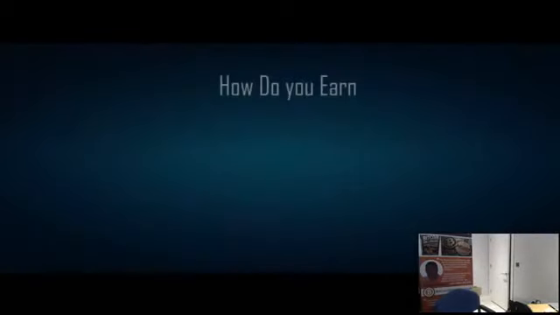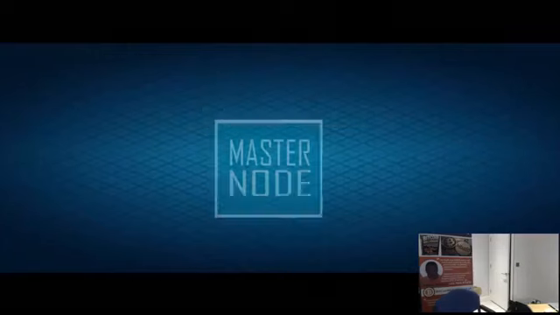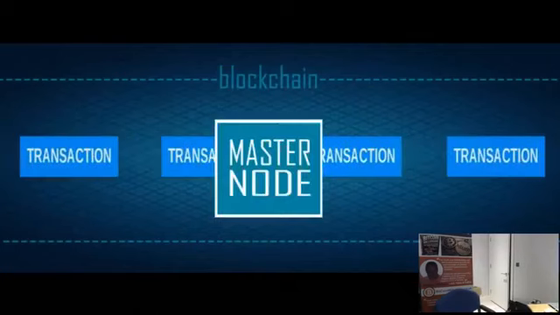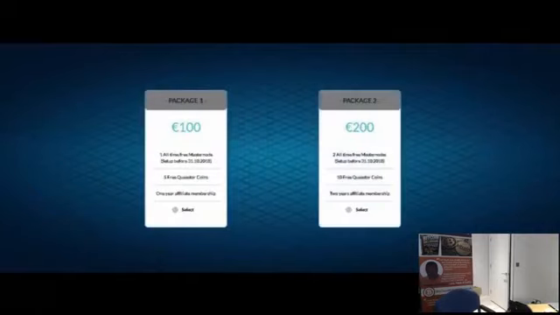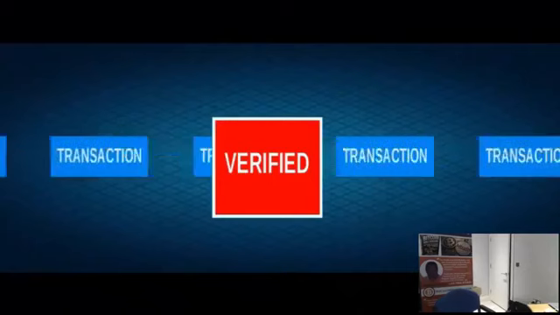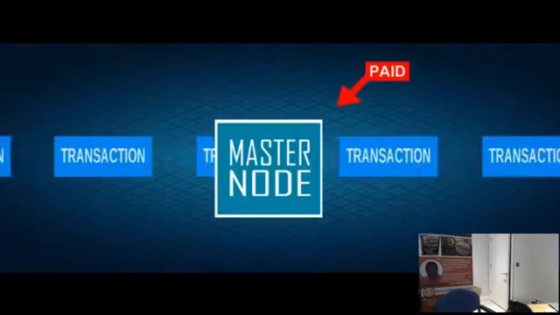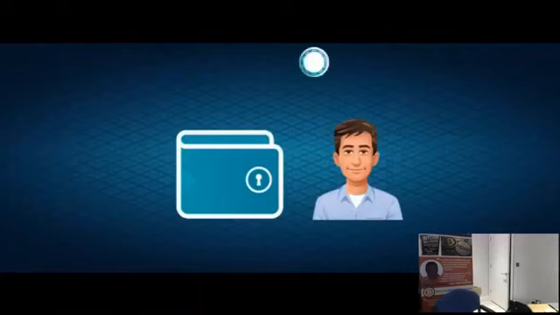How do you earn using masternodes? Remember, the purpose of a masternode is to maintain the blockchain by verifying transactions passing through the blockchain. For example, let's say you purchased one of our packages. Because the masternode is verifying transactions, this means the masternode is getting paid, which means you're getting paid with altcoins going straight to your wallet.